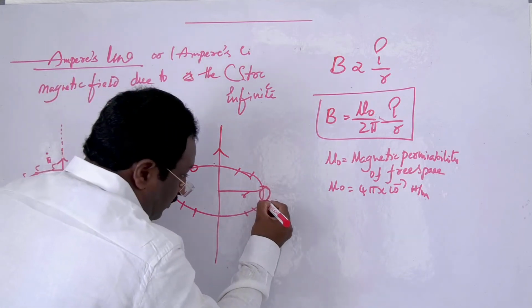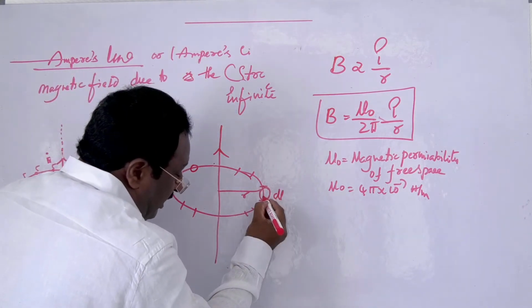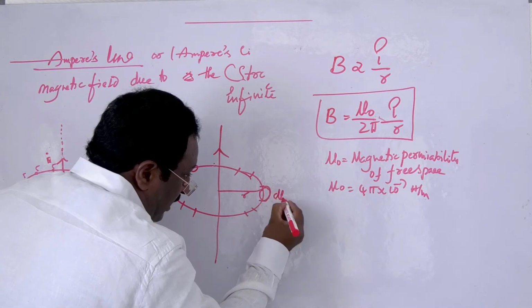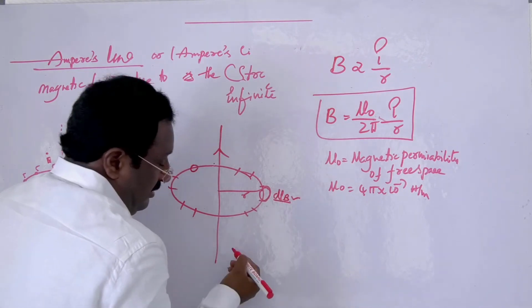Now take the length of this element as dl. The magnetic field at this element is B, so B dl.